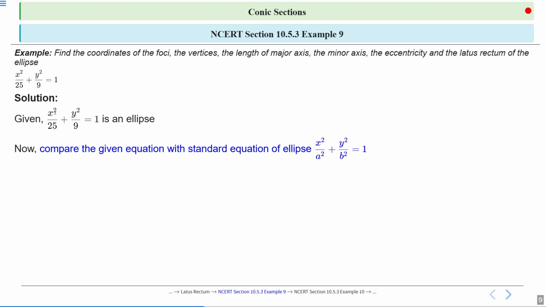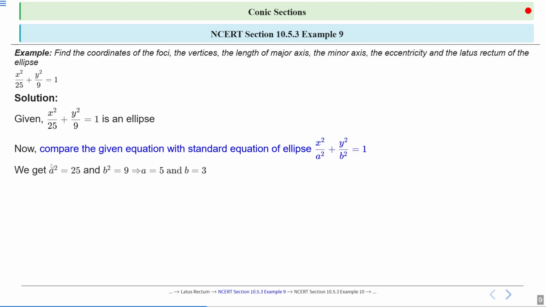So now compare this equation with the standard equation of ellipse, that is x square upon a square plus y square upon b square equal to 1. If we compare, then you will obtain the values of a square and b square.